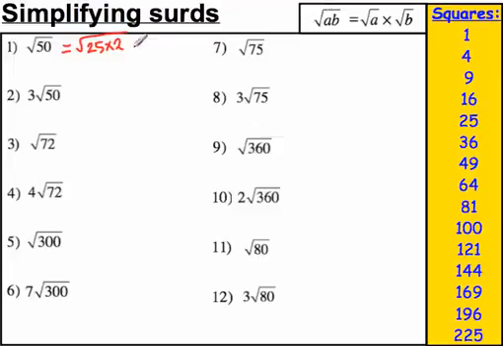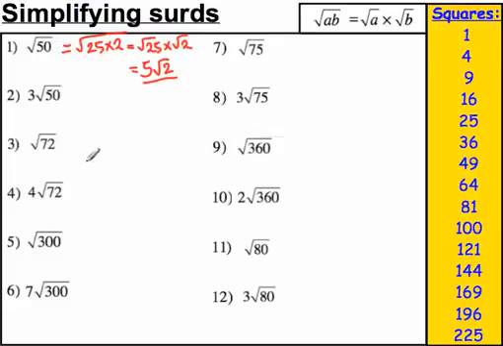Using this rule over here, that therefore is the square root of 25 times the square root of 2. But hold on, what is the square root of 25? Well, it's 5. And 5 times root 2, a mathematician writes as 5 root 2. And that is the simplified version of root 50.